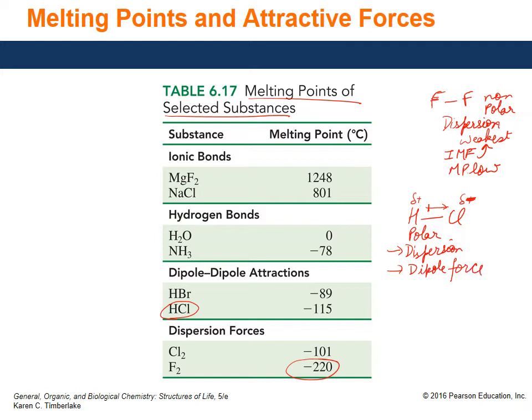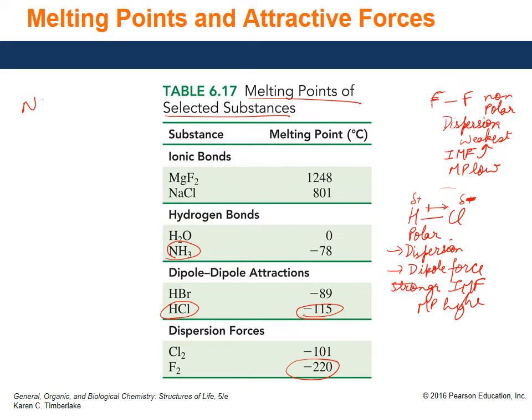Which means this would also be weak, but it would be a stronger IMF in comparison to fluorine. So the melting point for this would be higher. In comparison to fluorine, you can see HCl has a higher melting point. It is negative 115.